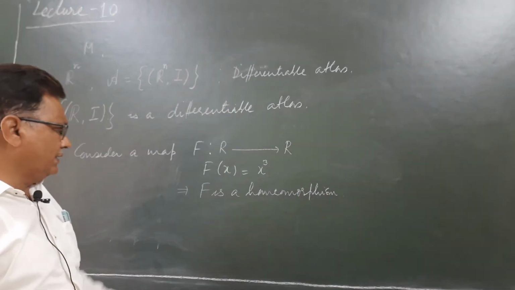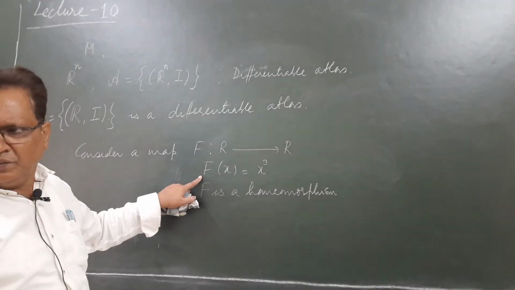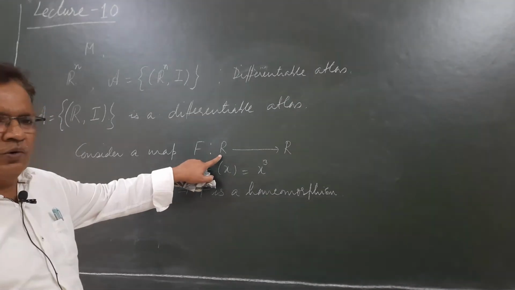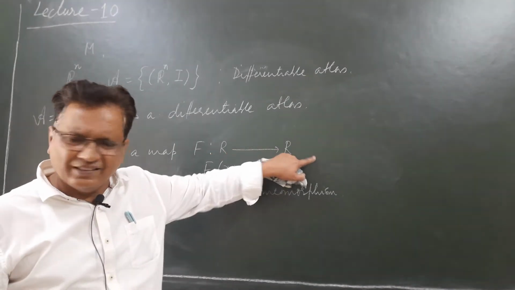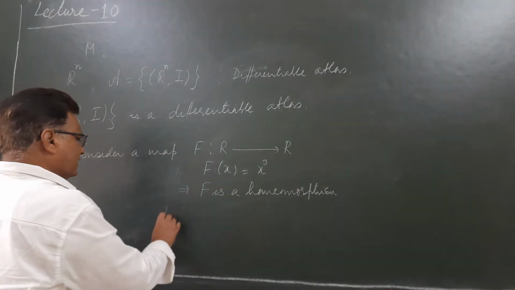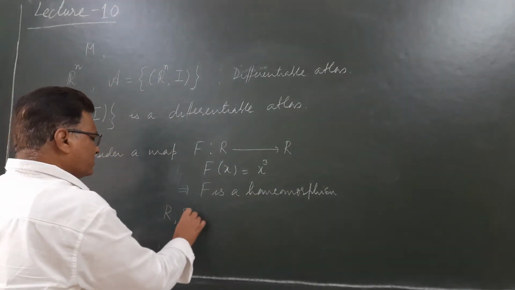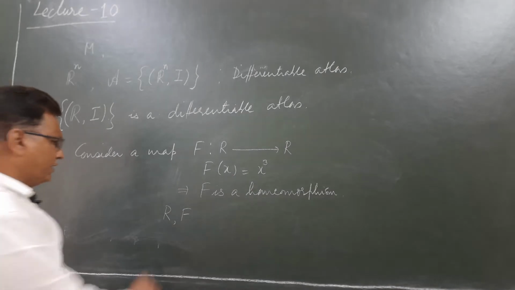Once you realize that this map is a homeomorphism from whole R to whole R, therefore I can say that R together with this homeomorphism becomes a chart.